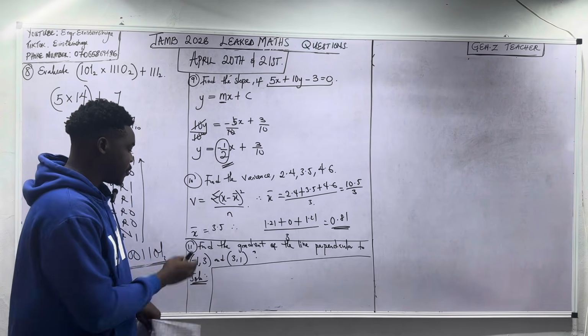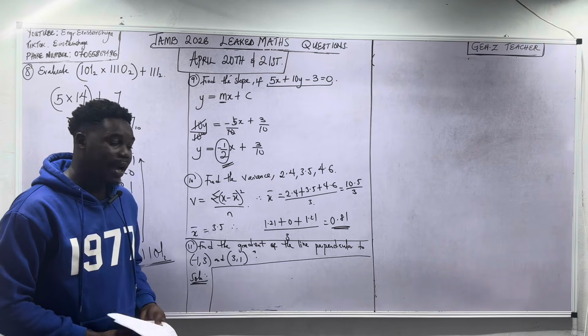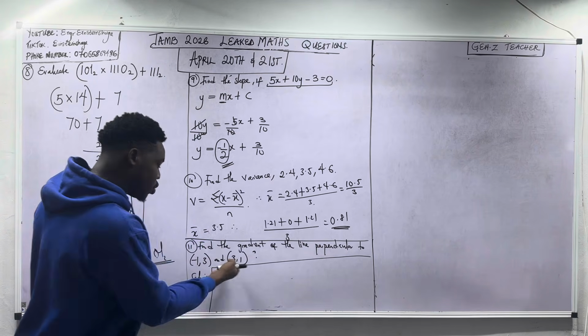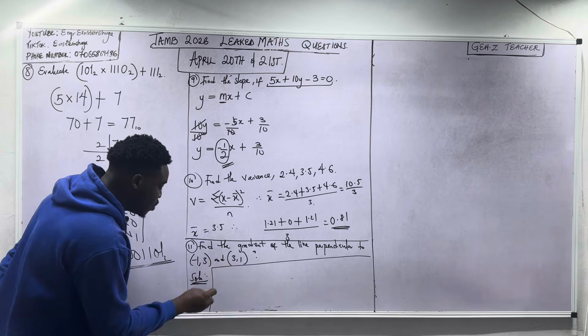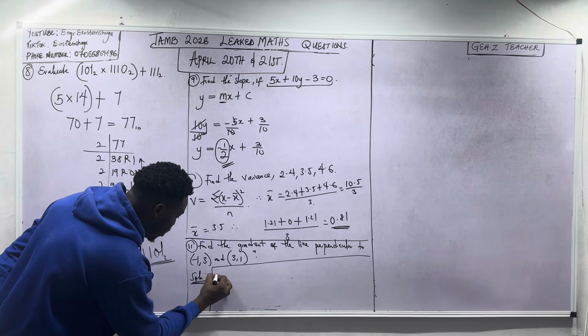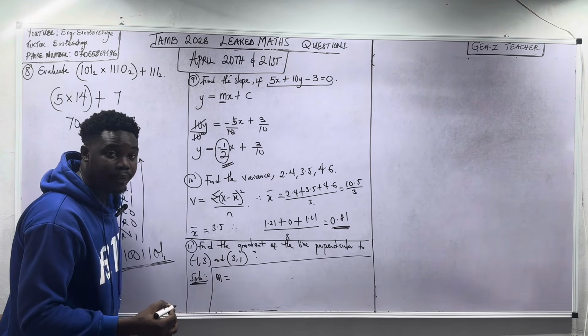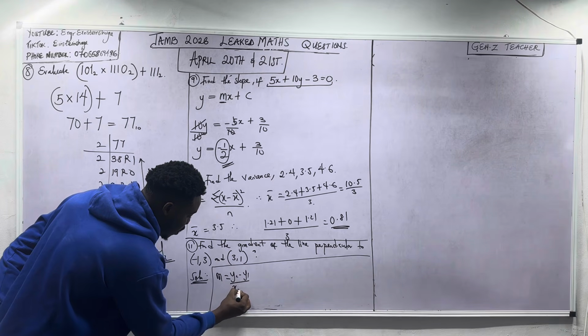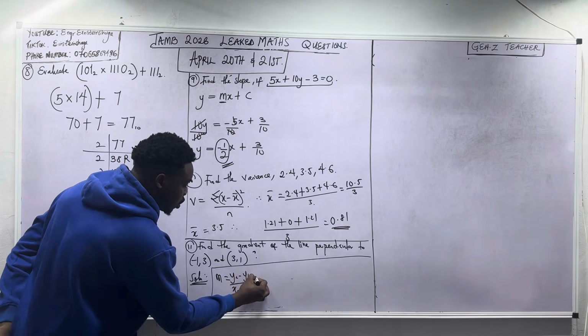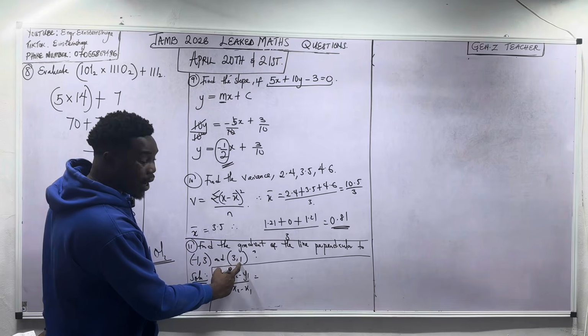Number 11 says, find the gradient of the line perpendicular to this coordinate. Now quickly, let's find the gradient for this point. So the gradient for those 2 points, and remember, gradient is change in y. Let me just write for you guys: y2 minus y1 over x2 minus x1. So y2 is 1.